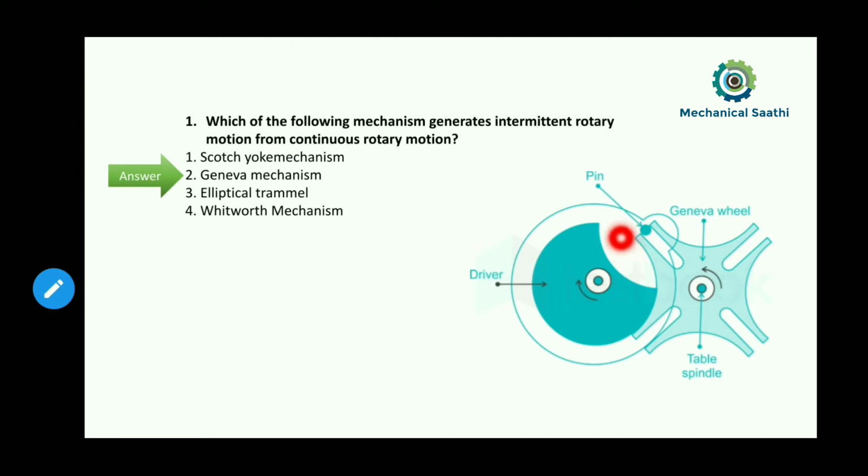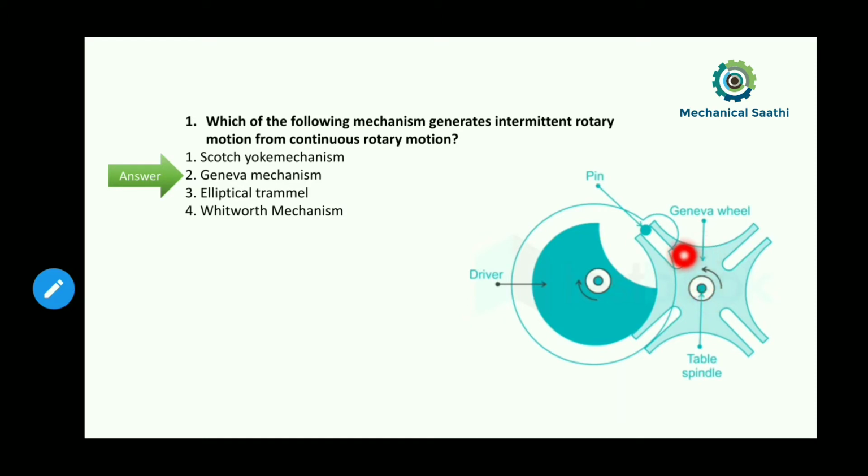When this pin moves from this point to this point, only at that time this Geneva wheel moves. During the rest of the cycle it stays in the stationary position. That's how intermittent rotary motion is achieved here.